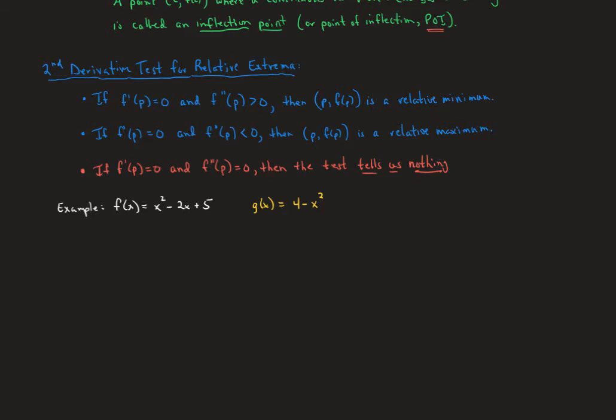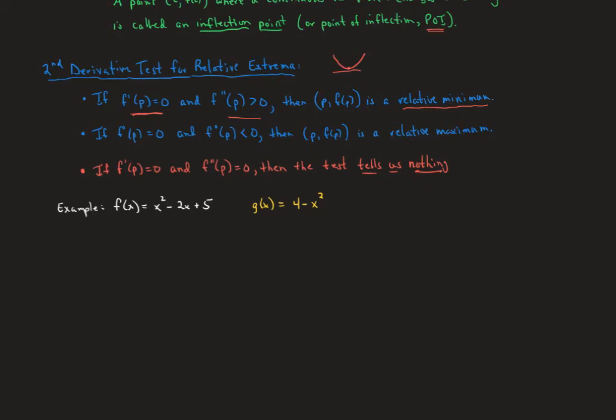If the derivative is equal to 0 at a point, and the second derivative is positive, think about what that means. If you have a point where there's a horizontal tangent, that's what the first derivative equal to 0 means, and the second derivative is positive means that it must be concave up at that same point. That is going to make that point a relative minimum.